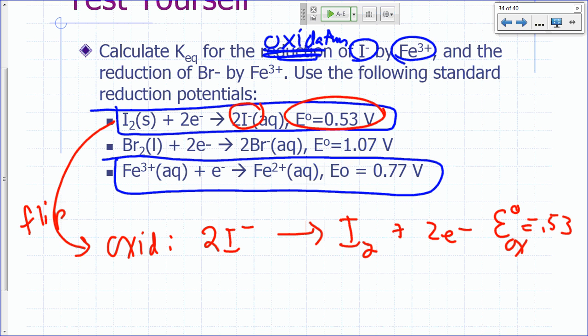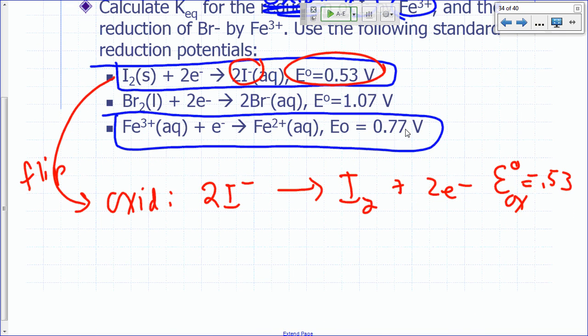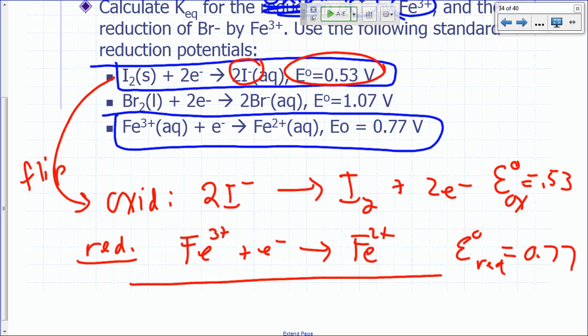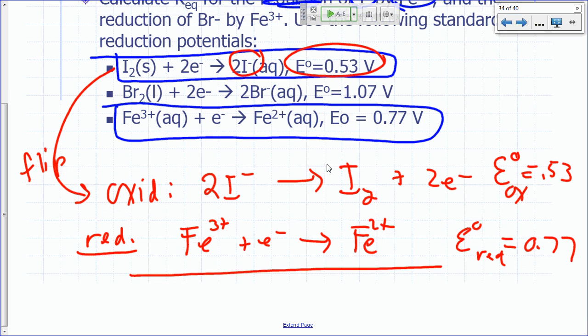Now, what happens when you do iron? You still have your iron for your reduction. Iron plus 3 plus electron gives you iron plus 2. And the standard reduction potential for that is 0.77. So what do I need to do to get the balanced overall reaction?